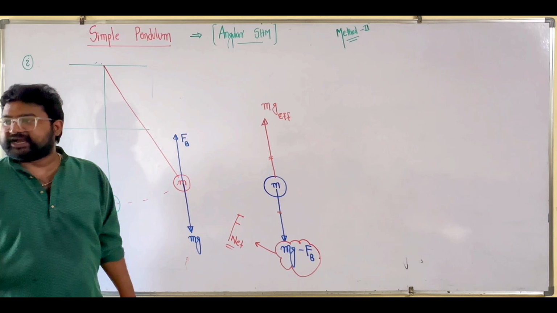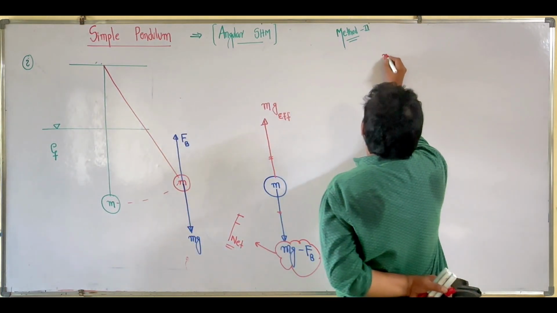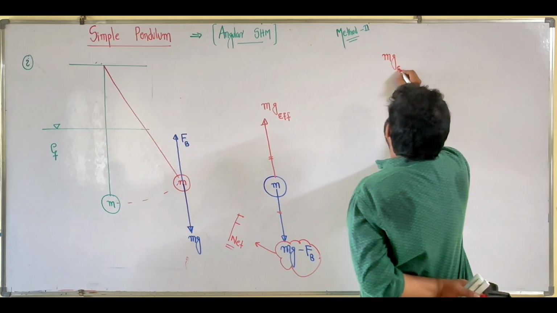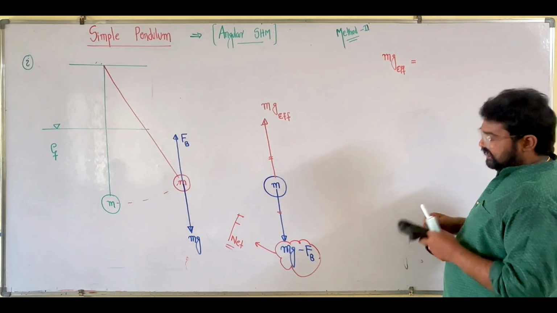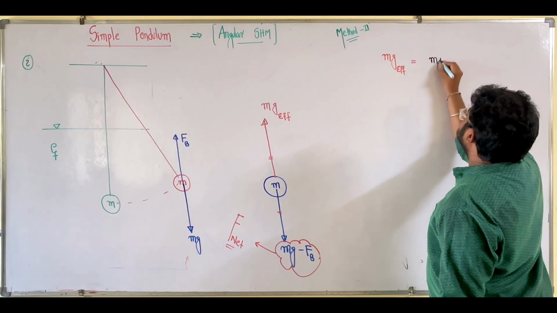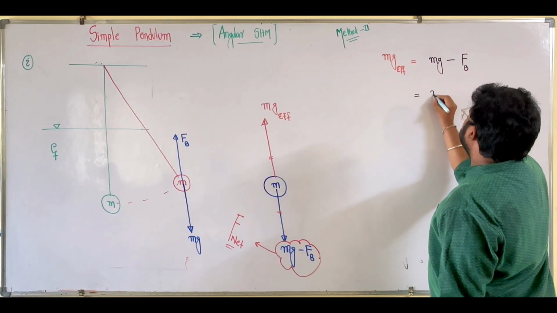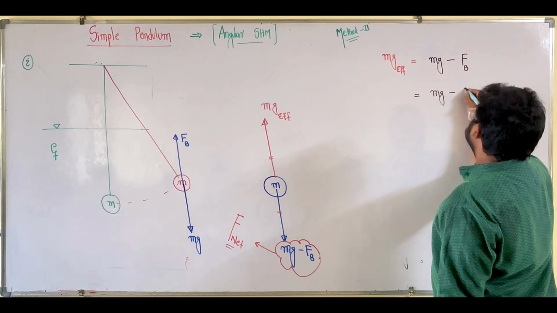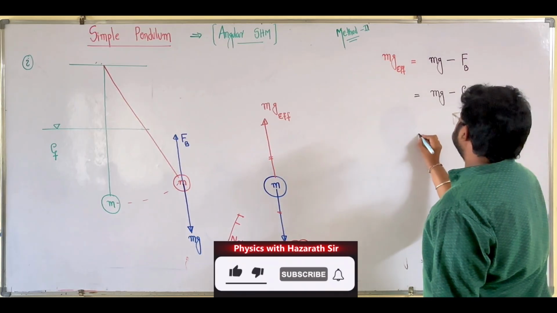We can represent mg effective. Straight away tell me, what is mg effective here? mg minus buoyant force. That is equal to how much? mg minus density of the fluid into volume of the fluid into g.